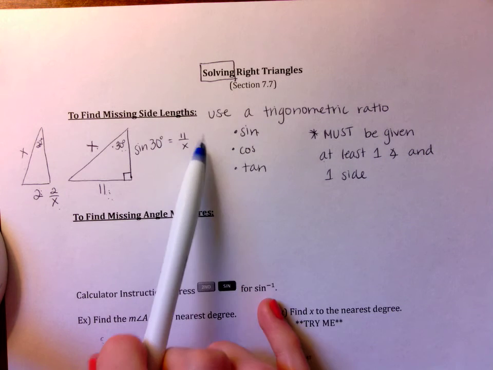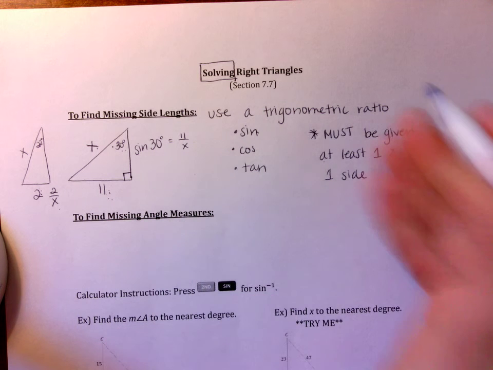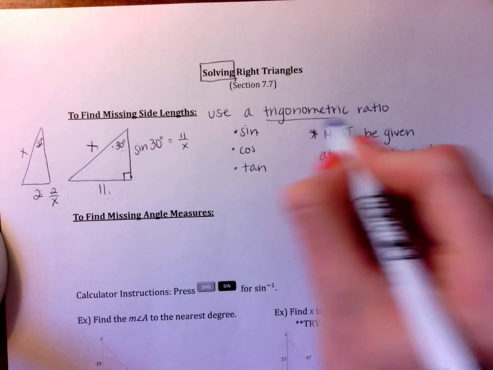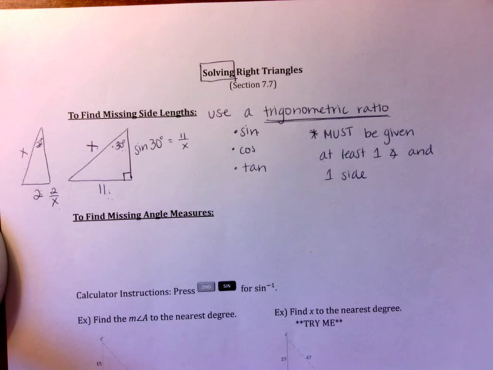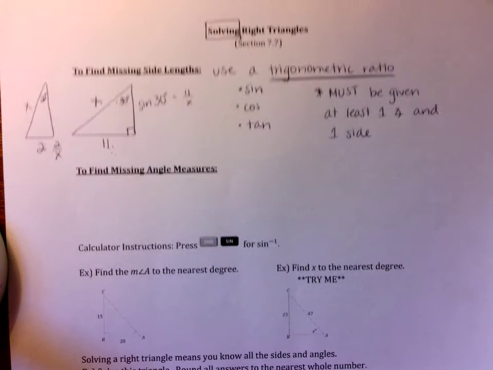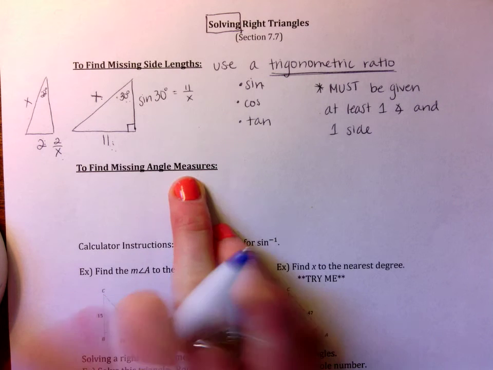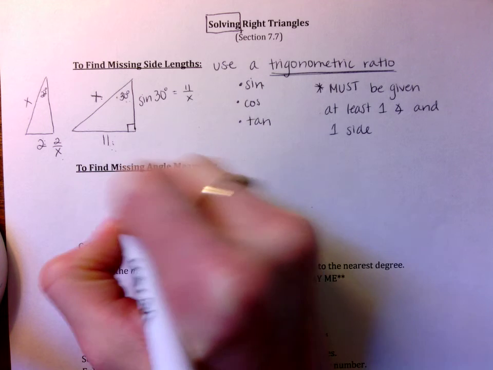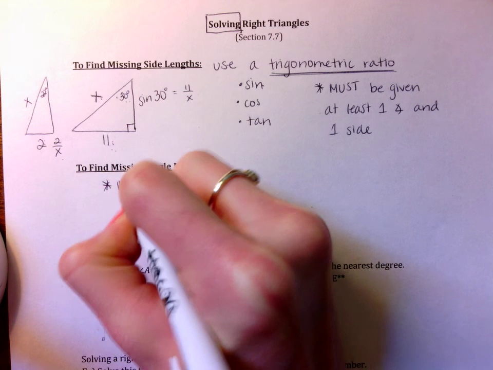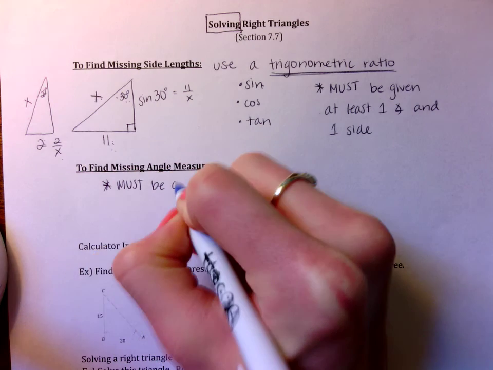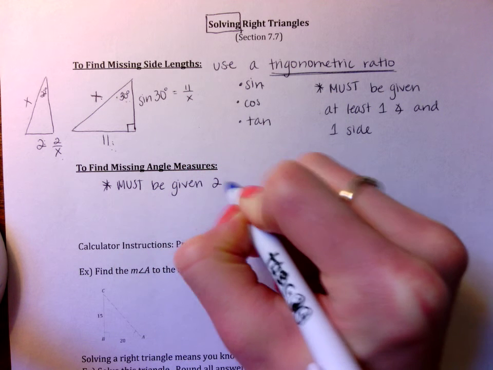We did that in the last notes, but I want you to realize you use the actual trigonometric ratio, or trig ratio. We can also use these three trig ratios to find missing angle measures, but you must be given at least two sides.